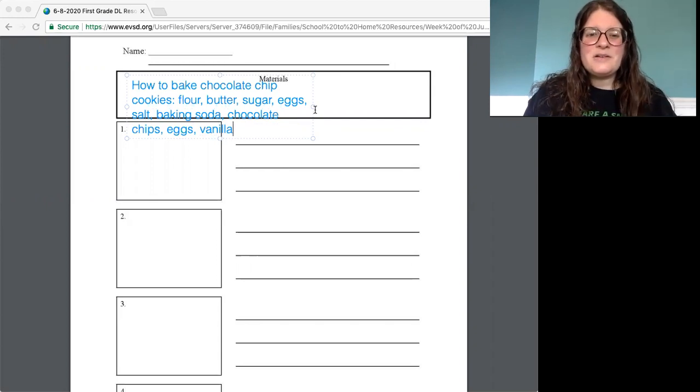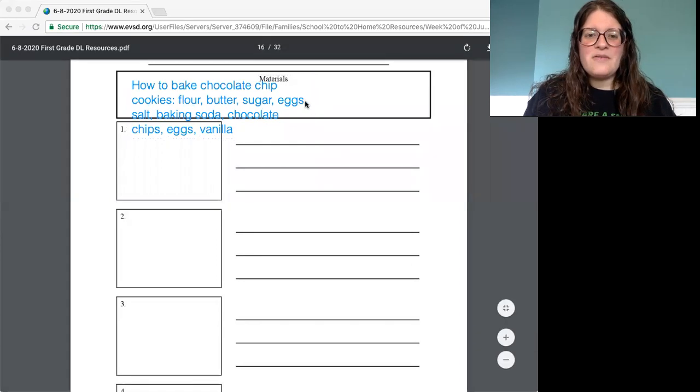So what you're going to do is you're going to have all of your materials listed there.